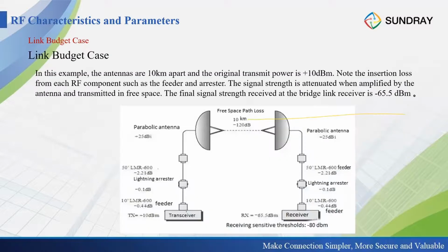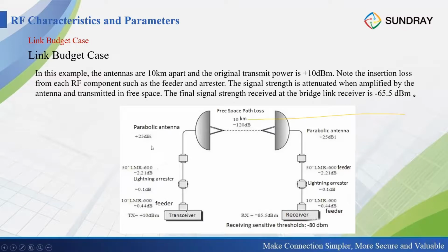Here is a case so that together we can think about how this link budget works. You can see that the transceivers have feeders. The transceivers have a 10 dBm transmit power, and then when the signal goes into the feeders, there is feeder loss, and also the lightning arrestor for the antenna, which decreases it by 1 dB.